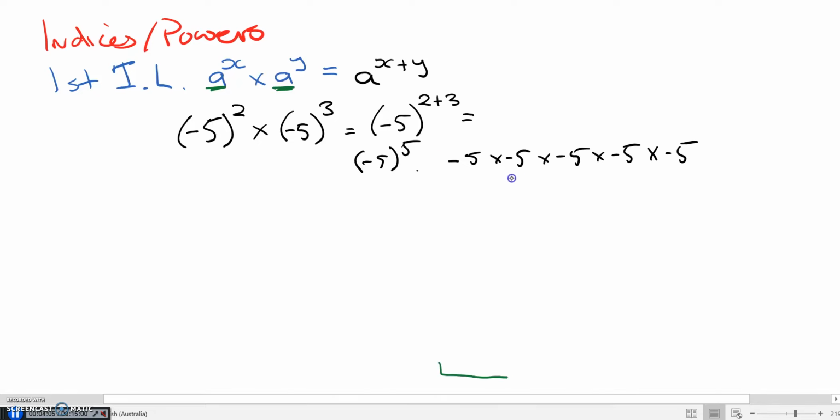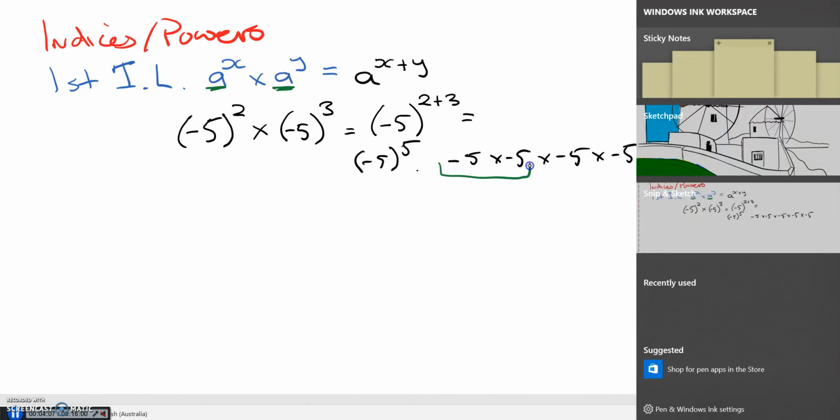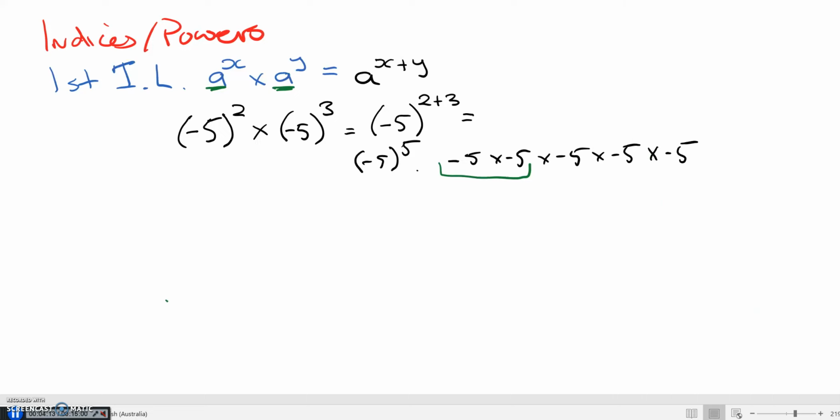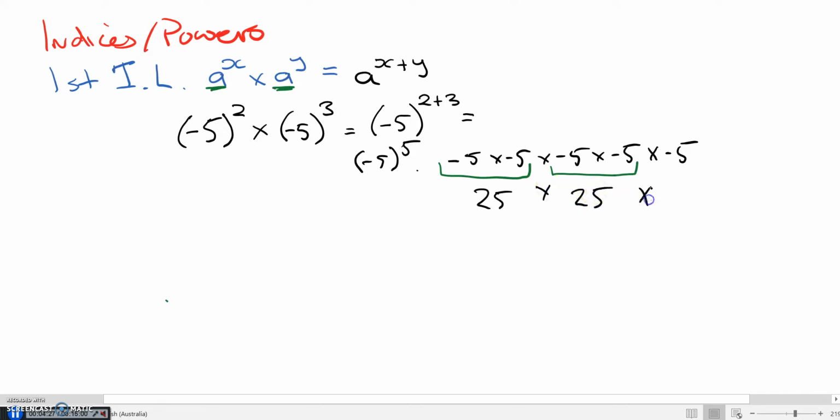So let's look at this. -5 times -5: 5 times 5 is 25, and the negative and the negative makes a positive. Then -5 times -5 again gives 25.